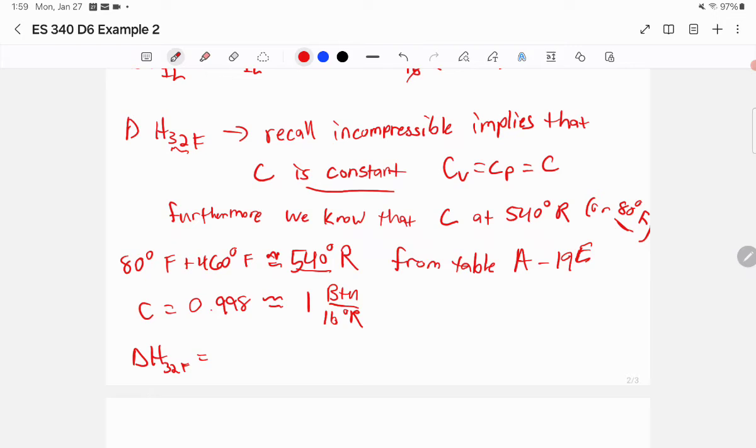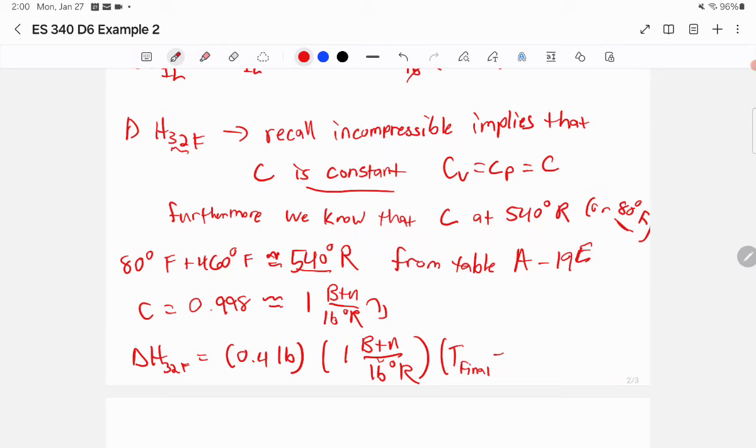It's going to be equal to the 0.4 pounds times the 1 BTU, that's what we just found here, the constant there, per pound degree R, times the final temperature, T final, which we don't know yet, well, that's what we're looking for, minus 492 degrees Rankine. Again, we just did the plus 460 there.